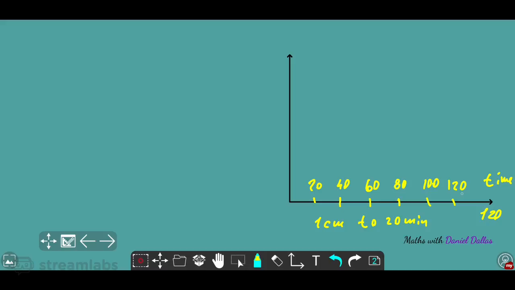Okay, and the vertical axis is the distance. Yeah, it's 60, and the scale here. If the total is 60 kilometers, the scale is 1 centimeter to 10. So we get 6, right?